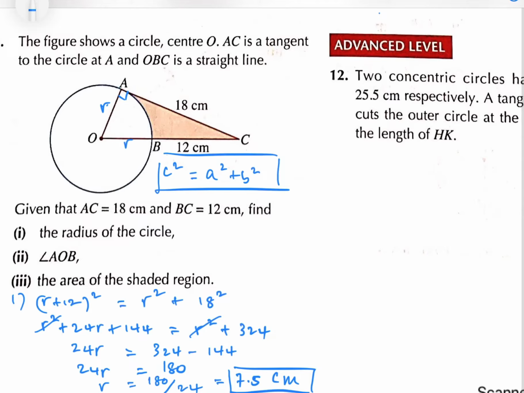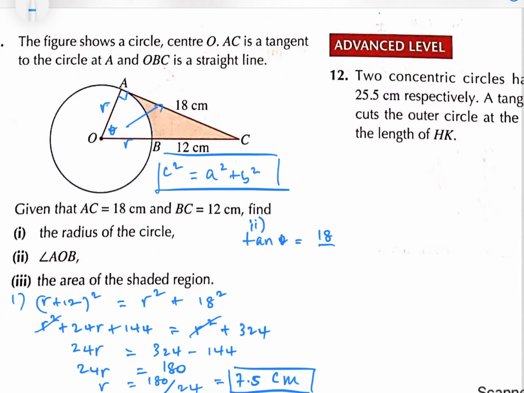Okay, we're now going to solve for AOB. We let AOB be theta. In reference to theta, we have the radius and the opposite, which is 18. So we can use the tangent ratio. Tangent theta is equal to opposite over adjacent.